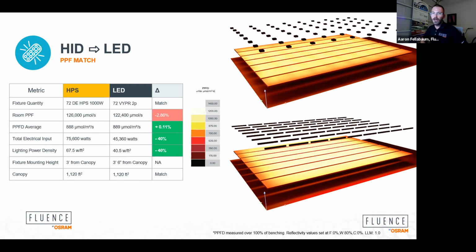So in this first scenario, we're taking the same PPF, room flux, and we're just replacing, in our case, for Fluence, 1-to-1, because we have a 1-to-1 replacement for double-ended 1,000 watt HPS. In this sense, we've saved 40% in our energy usage within the room.